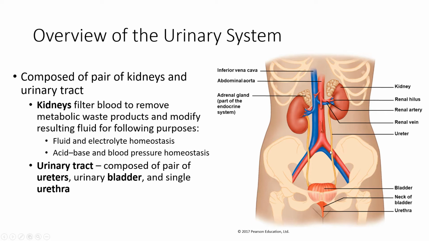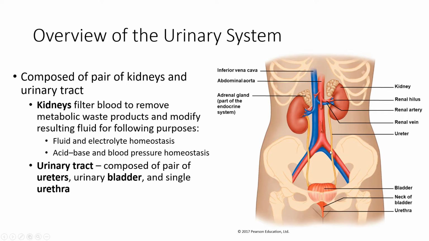homeostasis. And when we talk about the urinary tract, we're going to say that the urinary tract is going to be other organs outside of the kidneys, which will be the ureter, which is paired, the urinary bladder, and a single urethra. And of course, urine is going to exit the kidneys through the ureter, which is located on the posterior body wall.